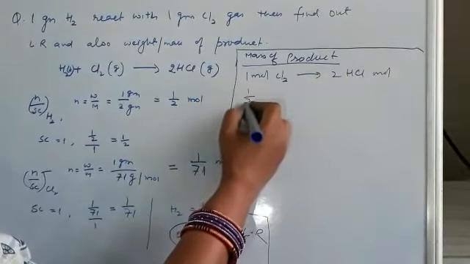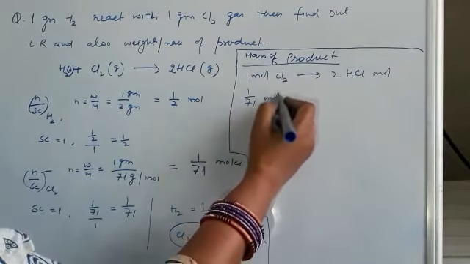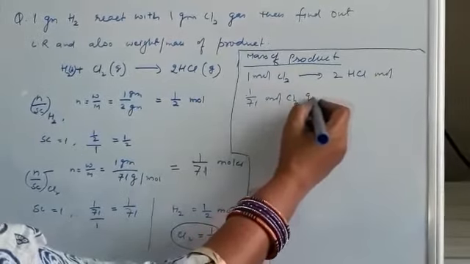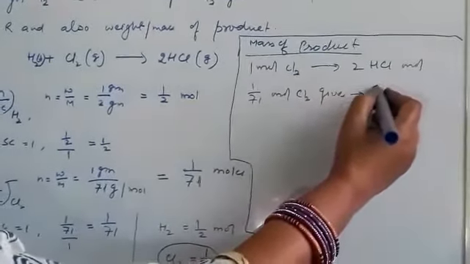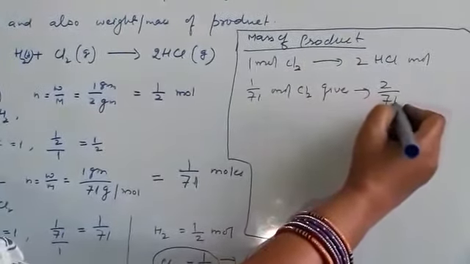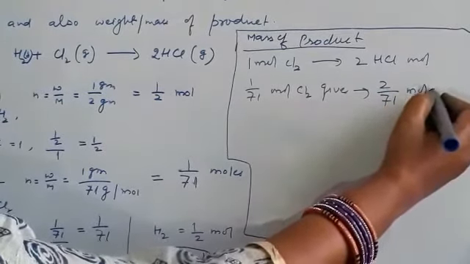Then 1 by 71 mole of chlorine gives 2 by 71 mole of HCl.